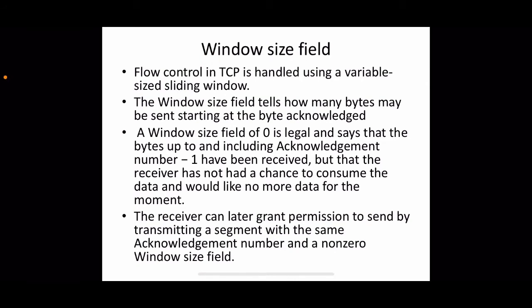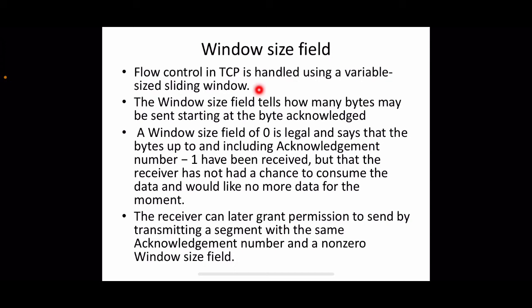As you know, the transport layer, or Transmission Control Protocol, provides both flow control and congestion control. So it should keep a window of segments which can be sent at any time without receiving any acknowledgement. So flow control and congestion control both should be kept using a window. Flow control in TCP is handled using a variable size sliding window.